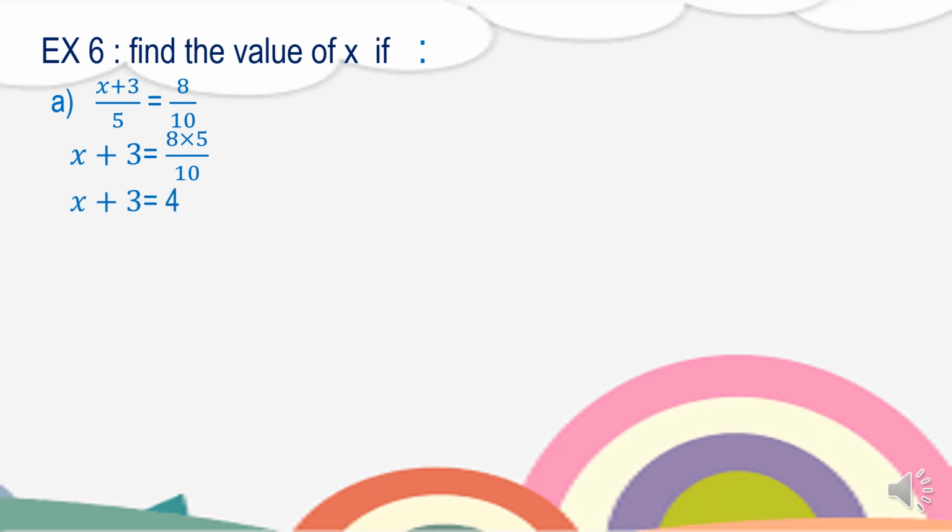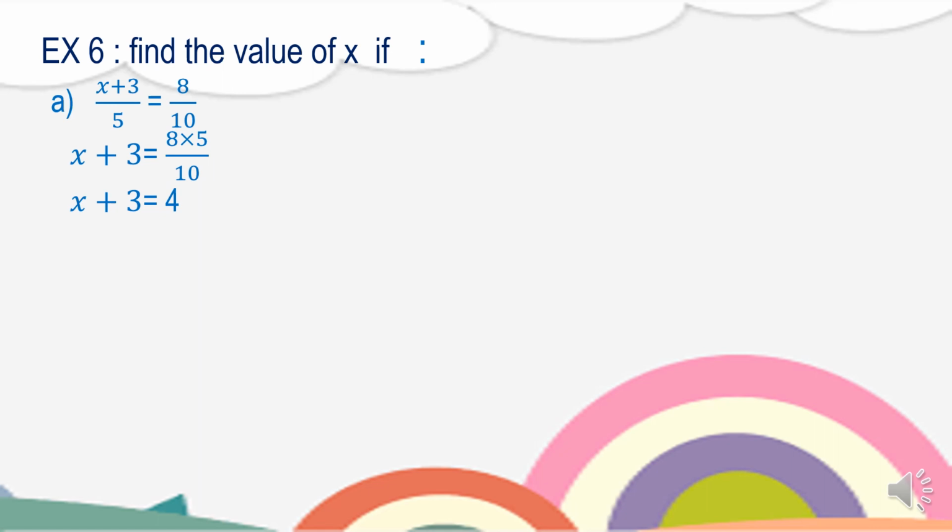So I have x plus 3 in the first side and 4 in the next side. To get x, I must have x alone in the first side. So I move 3 to the next side by the inverse of the operation.